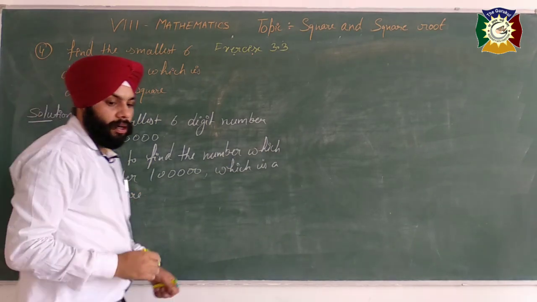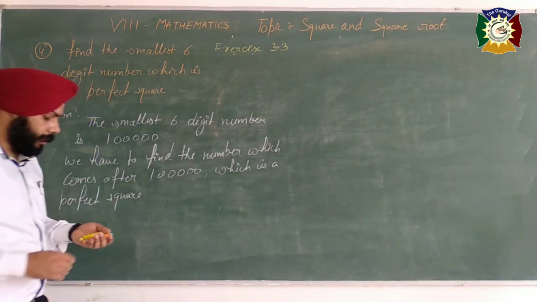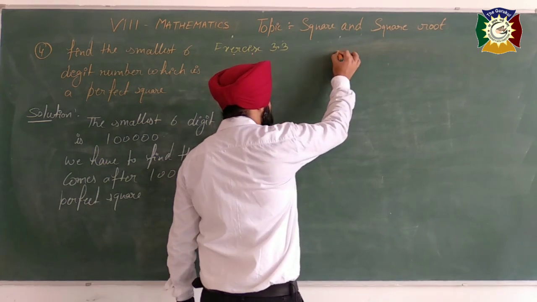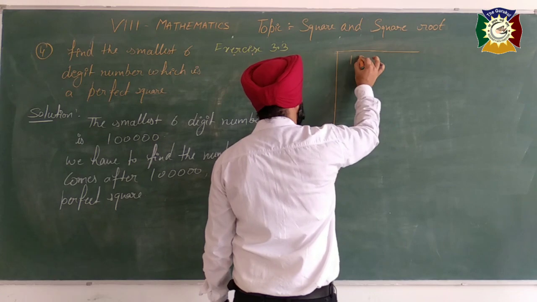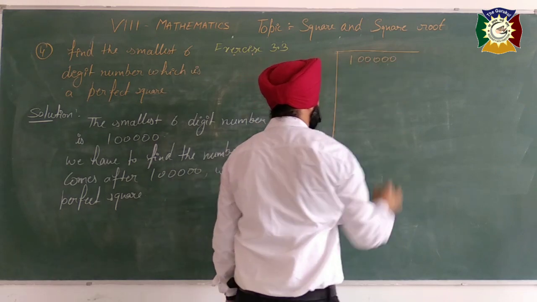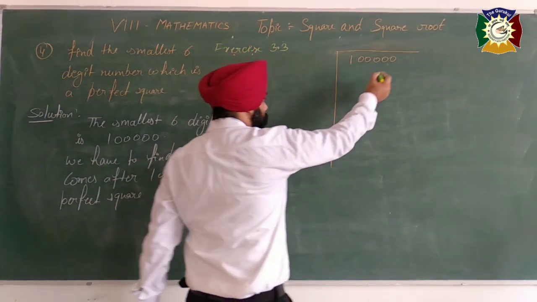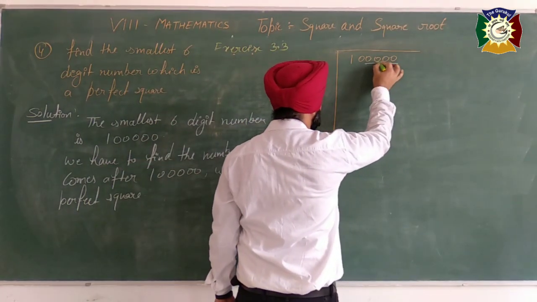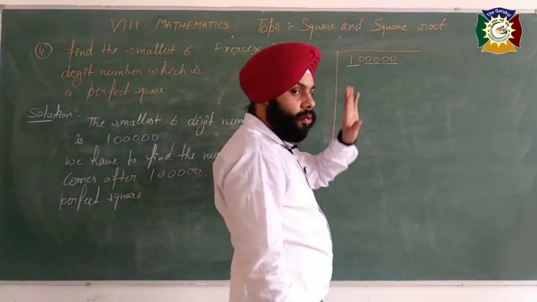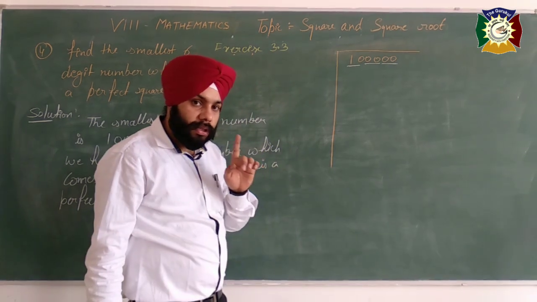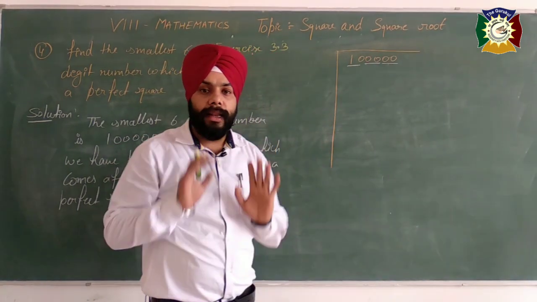So for this, we have to use the long division method. Write down this number under long division and start to make pairs. For making pairs, start from the right: one pair, two pair, third pair. Now choose a number such that its square is equal to or less than this 10.